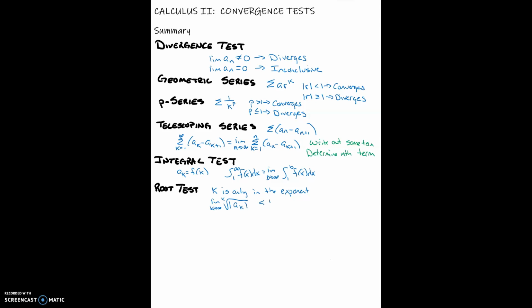If that value is less than 1, then the series converges. If that is greater than 1, then the series diverges. Otherwise, the test is inconclusive.